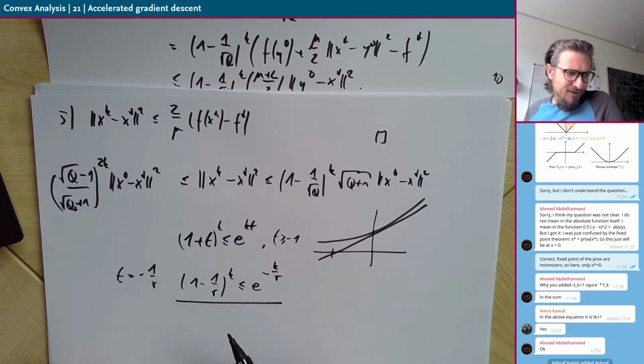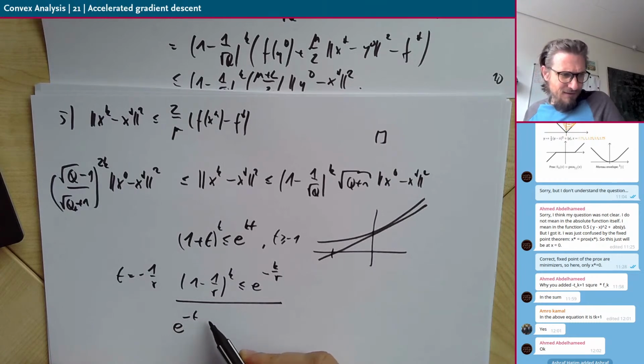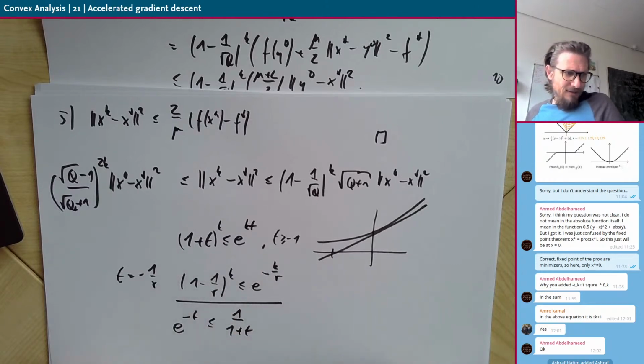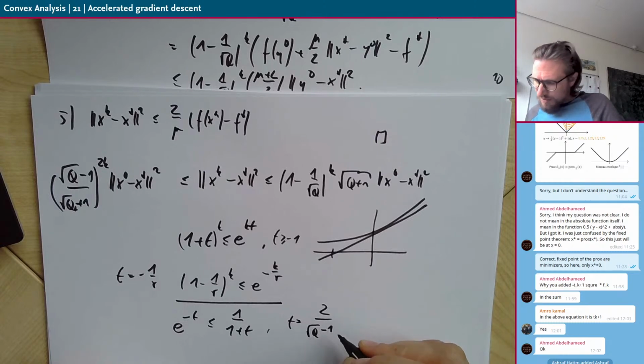The other thing we can do is write that e to the minus t is smaller than 1 over 1 plus t. This also follows from here by dividing. And then set t to be something strange, 2 over square root of q minus 1.